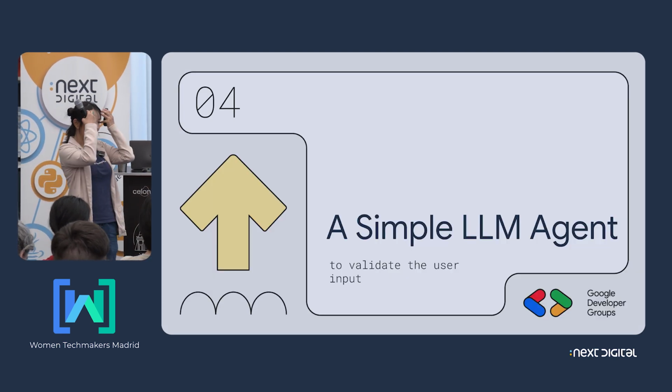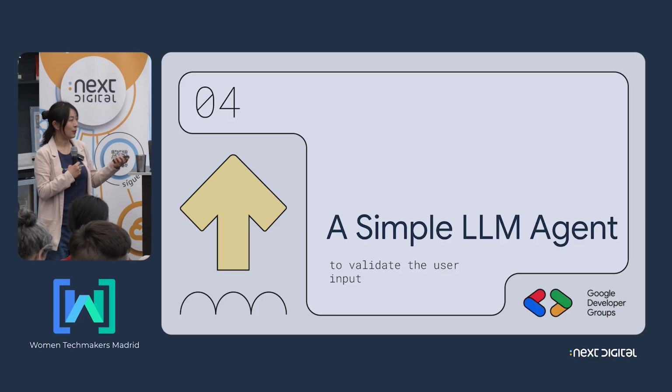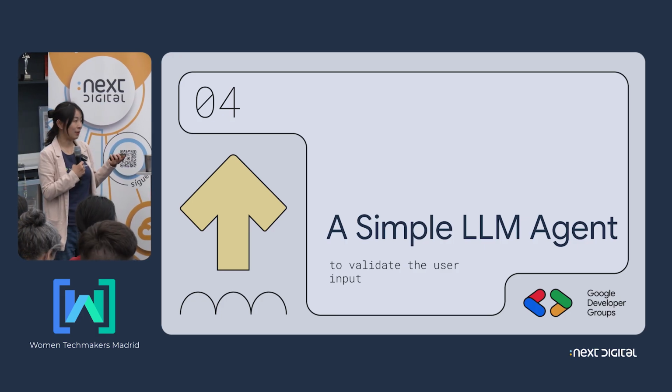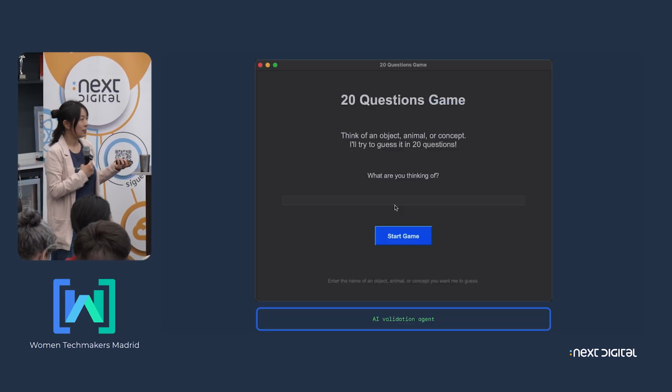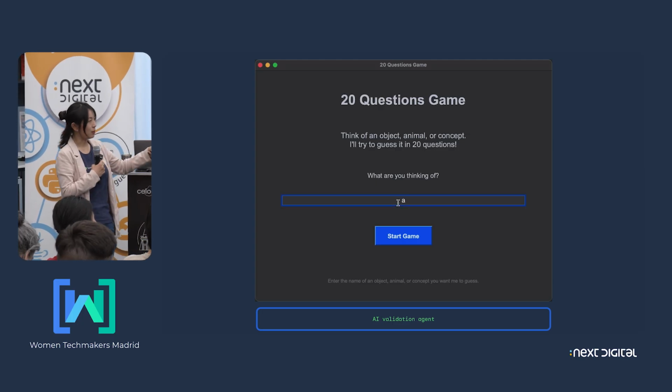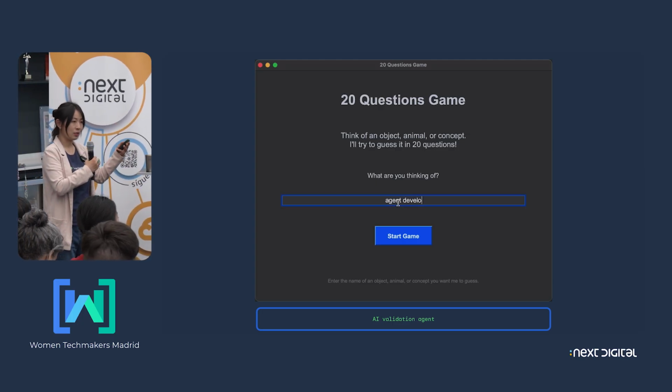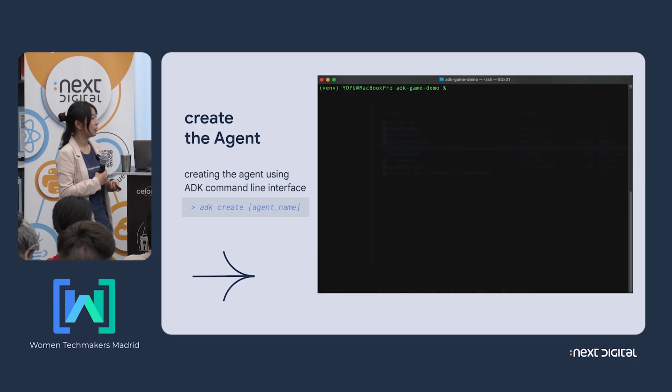Let's take a deeper look at what is behind this simple LLM agent, the validation agent. As we previously mentioned, the only purpose of this agent is to validate user input.